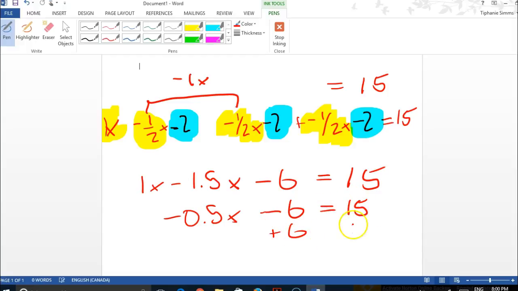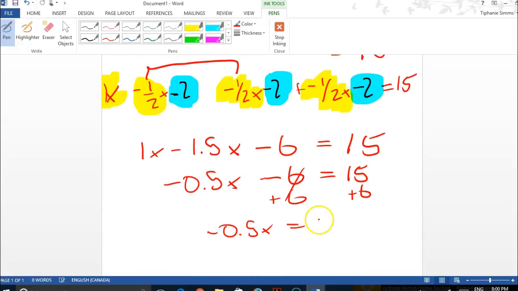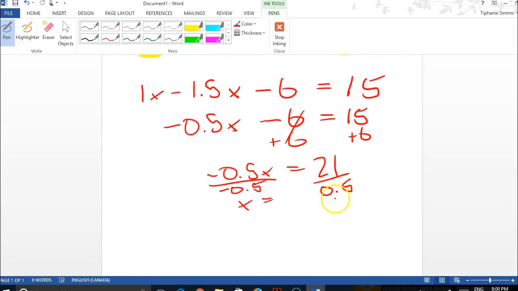We'll do some algebra. I'll add 6 to both sides. Minus 0.5x is going to equal 21, and then I'll divide that out by negative 0.5. If I think about this without a calculator, because I don't have one, that's like a half, right? We have 21 divided by 1 over 2.